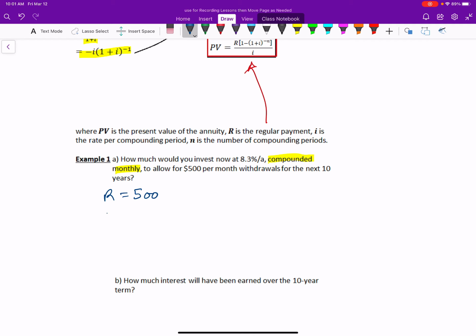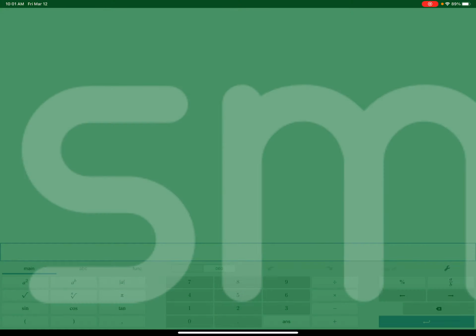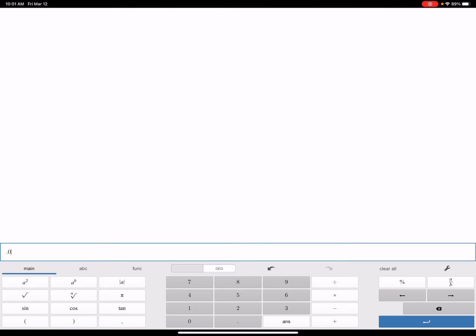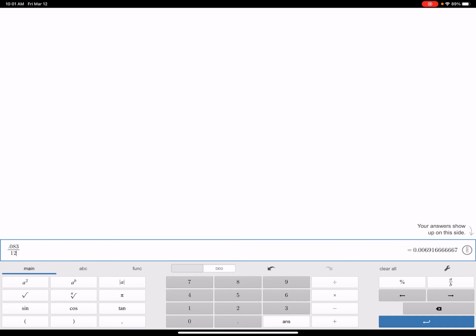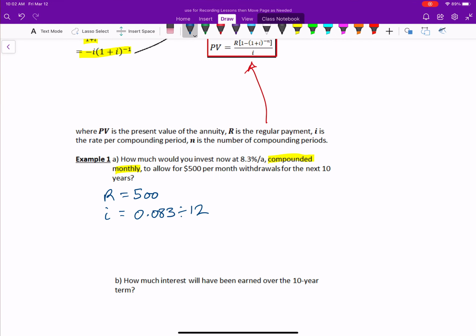And i is going to be 0.083 per year, but divided by 12 because it's monthly. 0.083 divided by 12 gives me 0.006916 repeating.